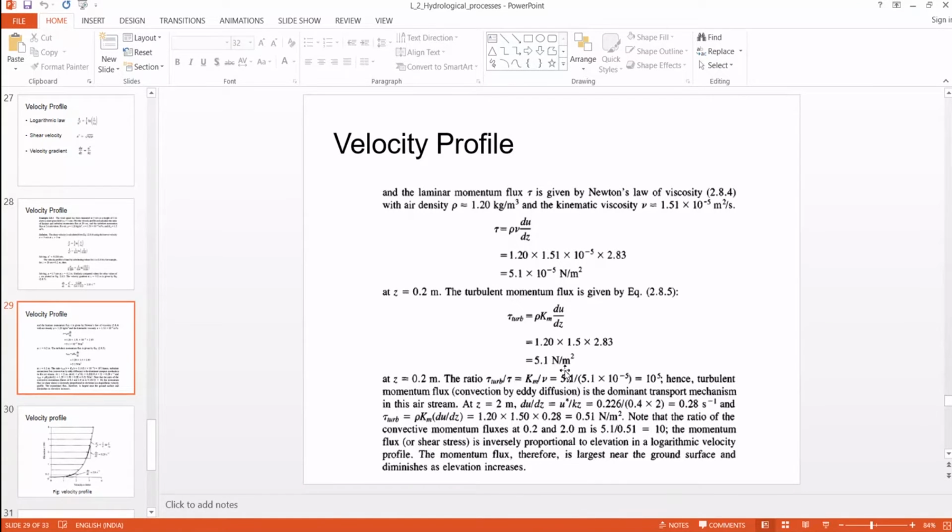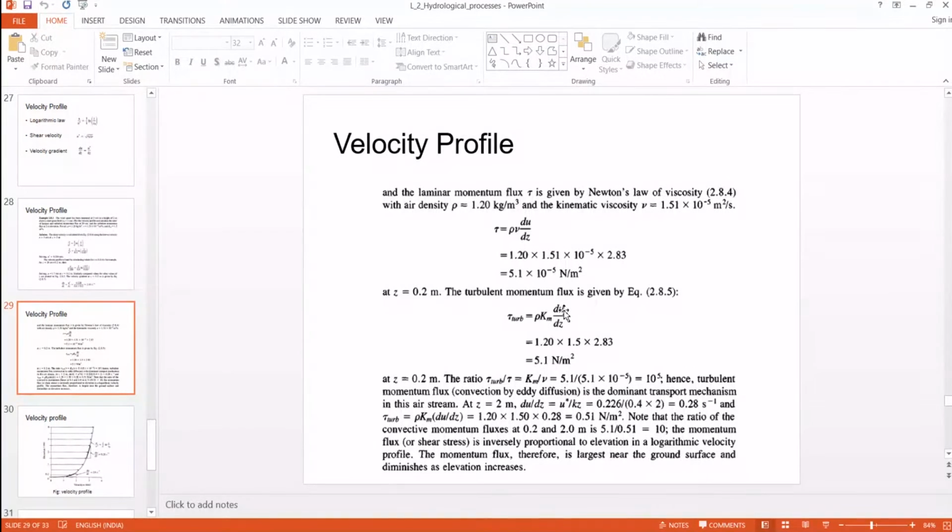Let us compare turbulent and laminar momentum flux. Laminar momentum flux is 5.1 × 10^-5, whereas turbulent momentum flux is 5.1 Newton per meter square. So turbulent momentum flux is 10^5 times, one lakh times, the laminar momentum flux.